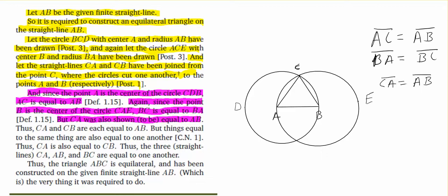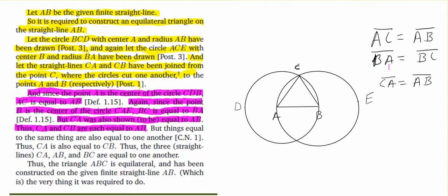Next part says, thus CA and CB are each equal to AB. So CA and CB are each equal to AB. Okay, so think about that for a minute.